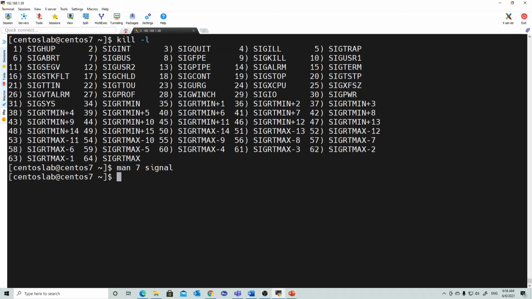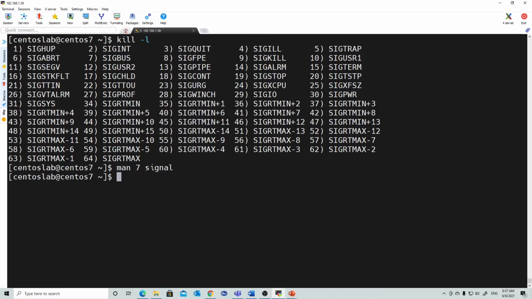SIGTSTP, stop typed at a TTY. SIGTTIN, background process requires TTY input. SIGTTOU, background process requires TTY output. SIGURG, urgent condition on socket. SIGXCPU, CPU time limit exceeded.